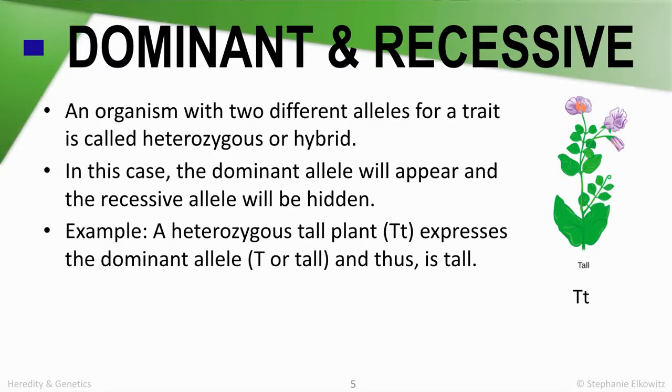And if you're the little t, it's like you whispering short. If you whisper short at the same time that I scream tall, who are you going to hear? Everyone's going to hear tall. So you're going to see that dominant trait. The recessive trait's still there, but it's just kind of hidden.